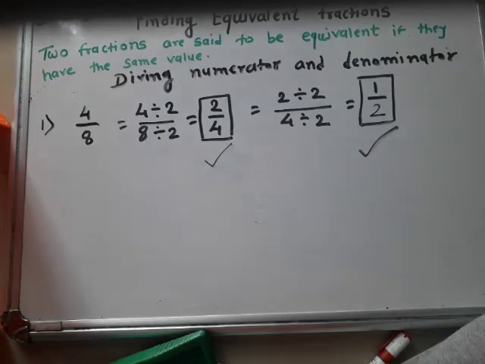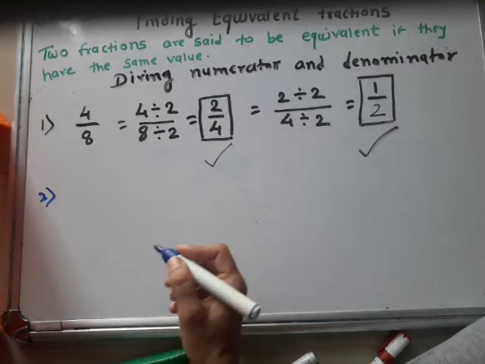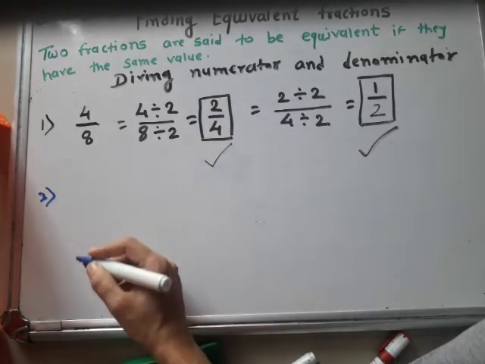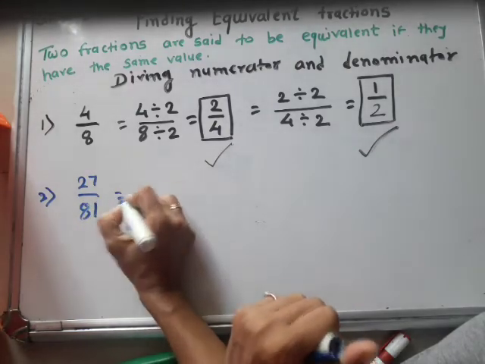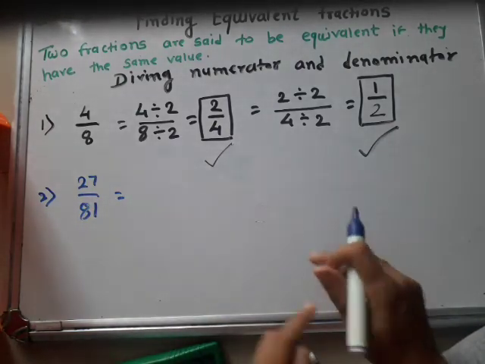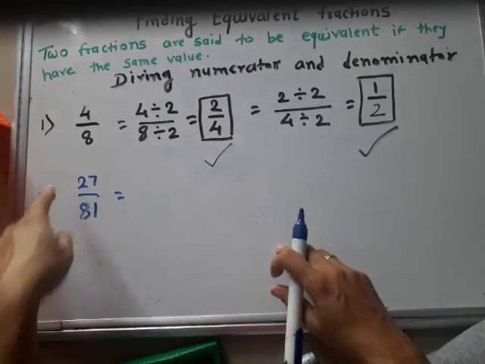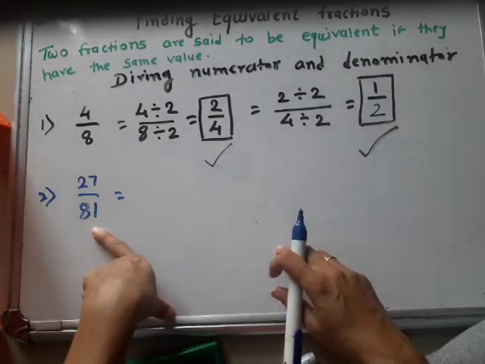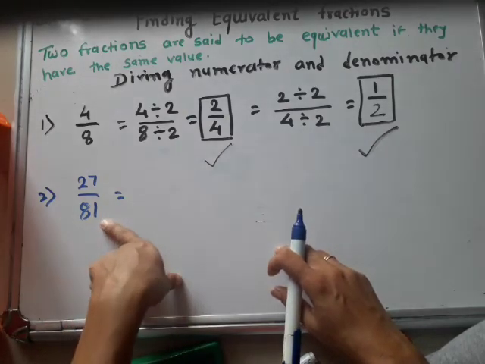Now suppose we take a greater number, 27/81. Now you have to check the numbers. These are odd numbers. The last digit is 7, and here the ones place is 1.